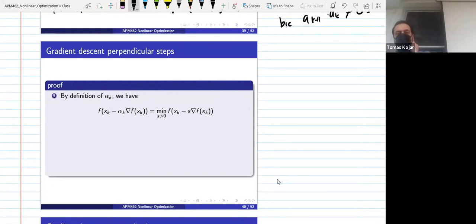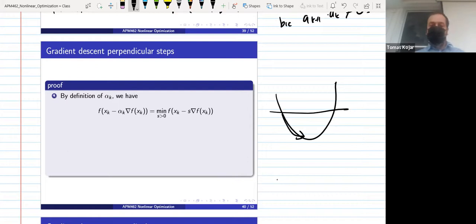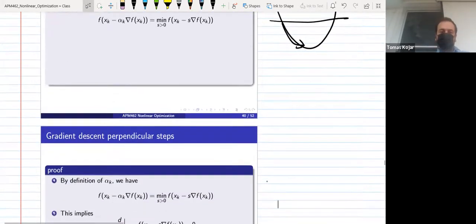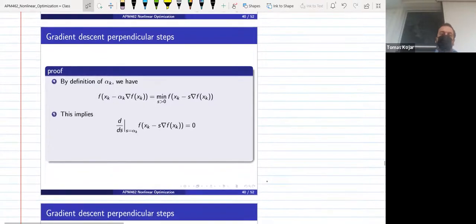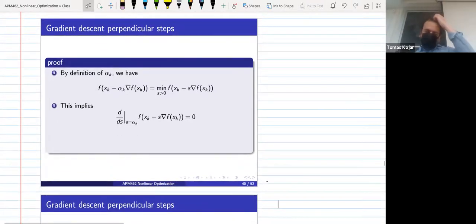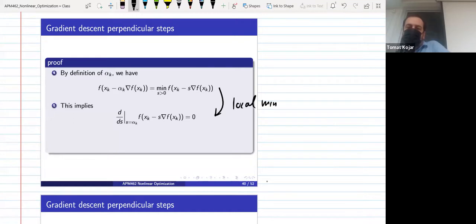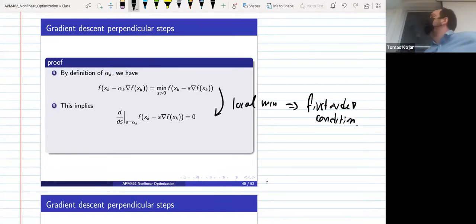You want to make the minimum jump so that you don't pass the line, so you stay there. Since this is the minimizer, we proved from before that a local min implies a first order condition, so this is 0.